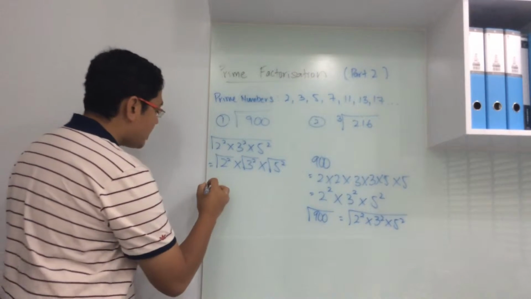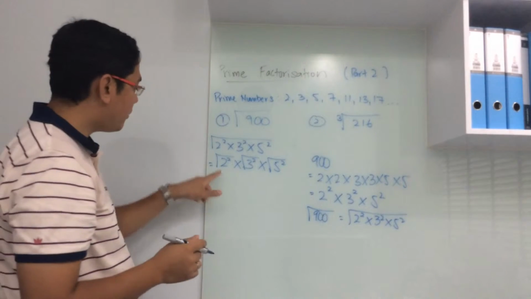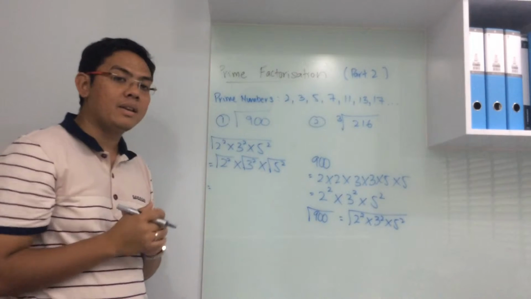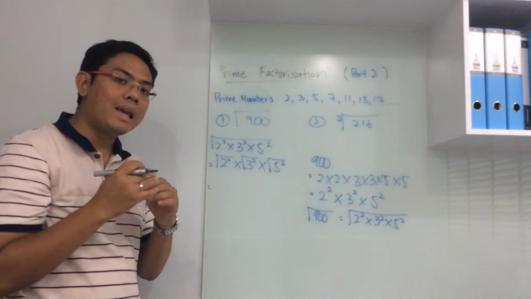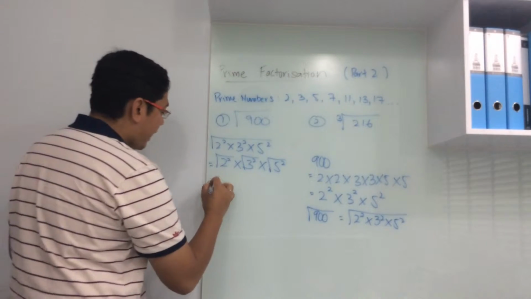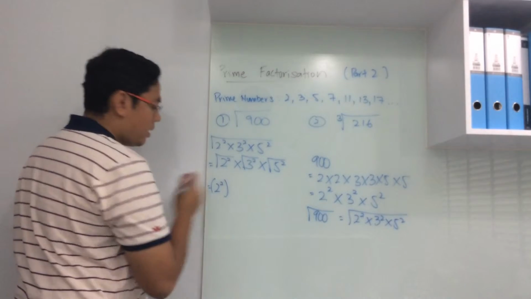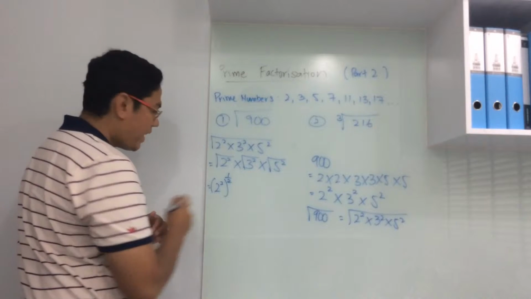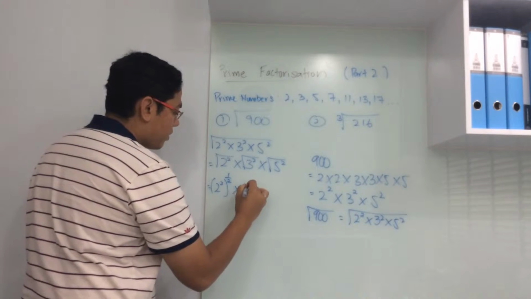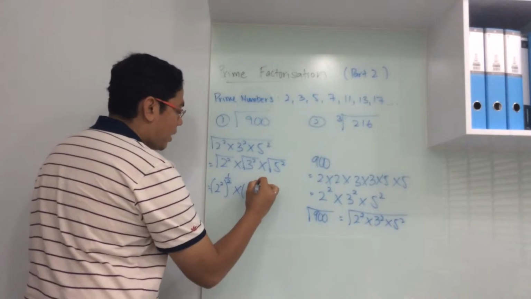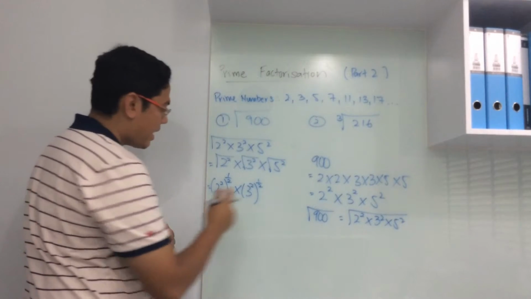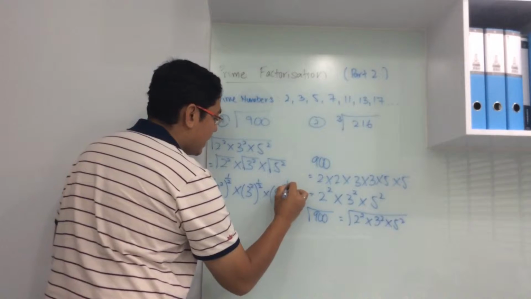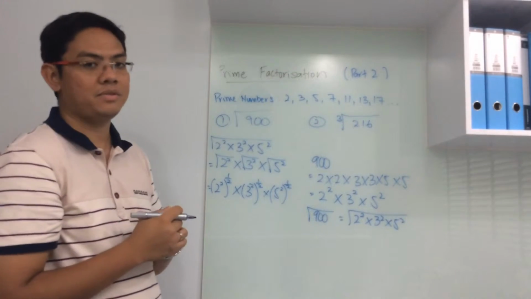Alright, so in this case, we know that for square root, if we write it in index form, we will get 2 power 2 to the power half. Right? Similarly, 3 power 2 to the power half, and lastly 5 power 2 to the power half.